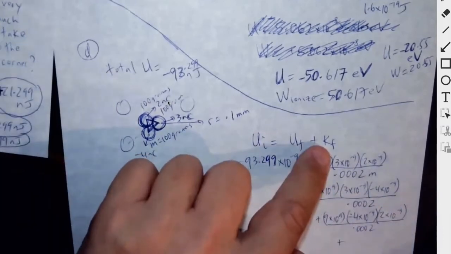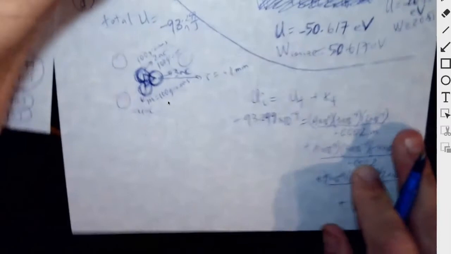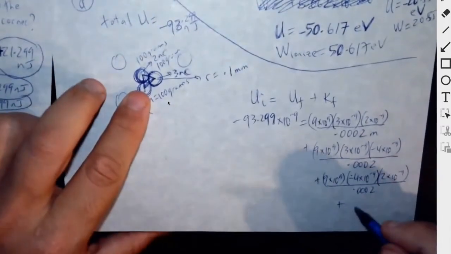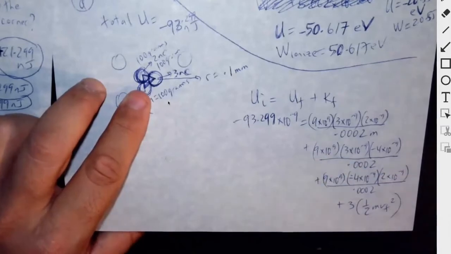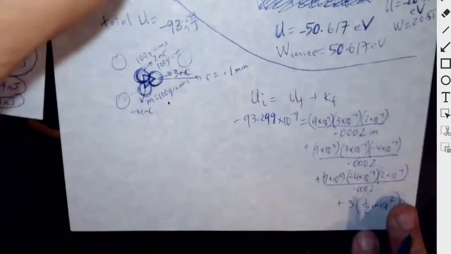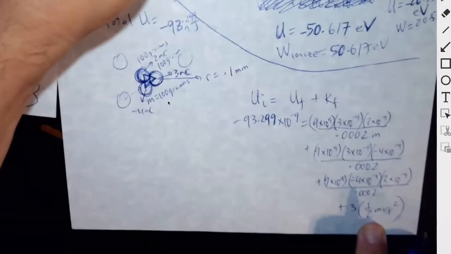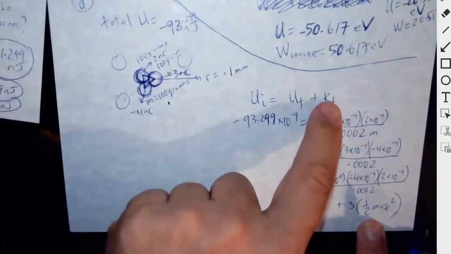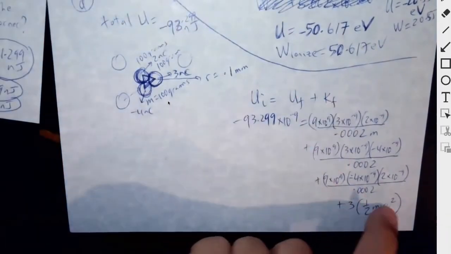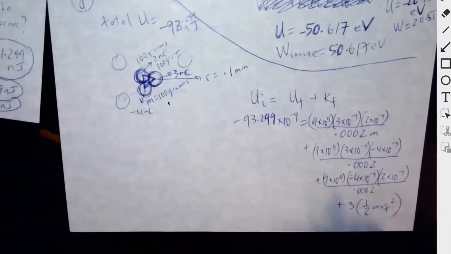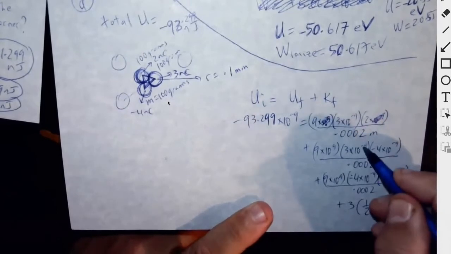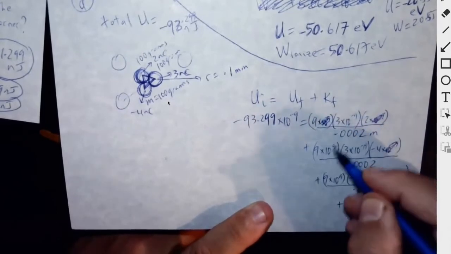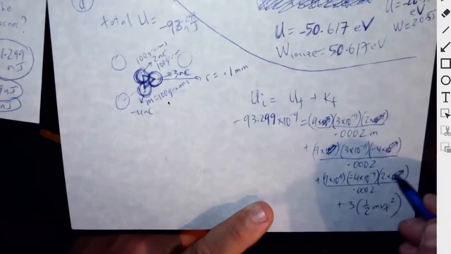Plus, their kinetic energy is all going to be the same since they have the same mass. So it's going to be 3 times 1/2 m v final squared. Each of them is going to have the same kinetic energy, so you're saying 3 times the kinetic energy that a single one of them has. There you go. So this one cancels this one, this one cancels this one, this one cancels this one.